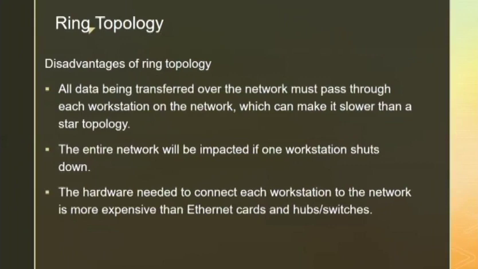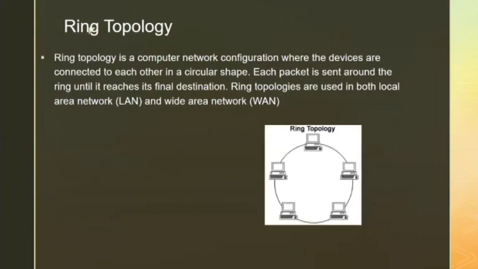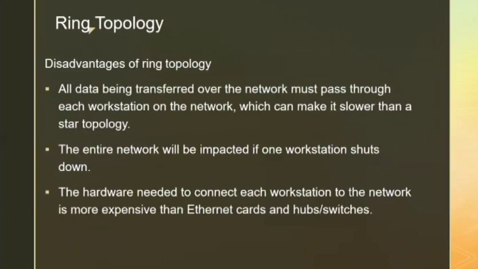Because earlier, the transmission of data from A goes to E, and the E computer sends the data to the D computer. This is the way the ring topology transmits the data, and that is a disadvantage.